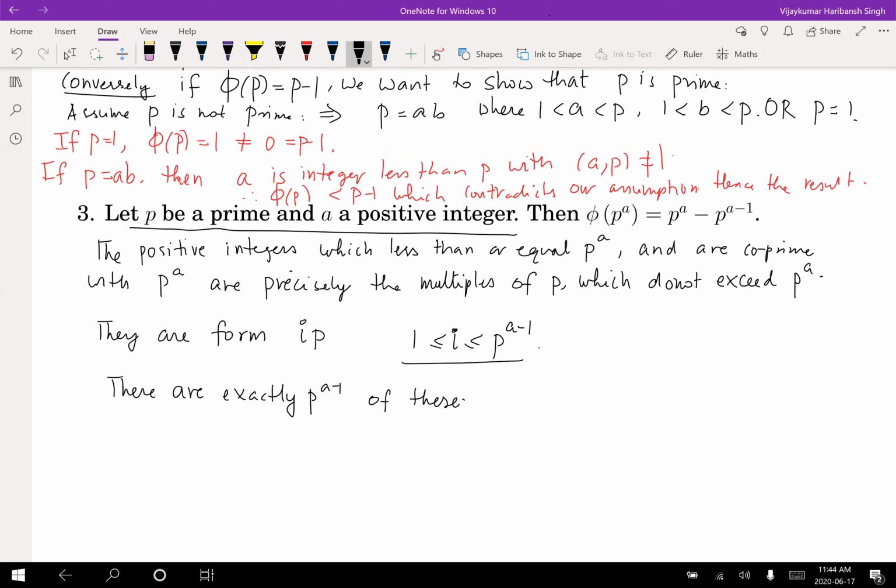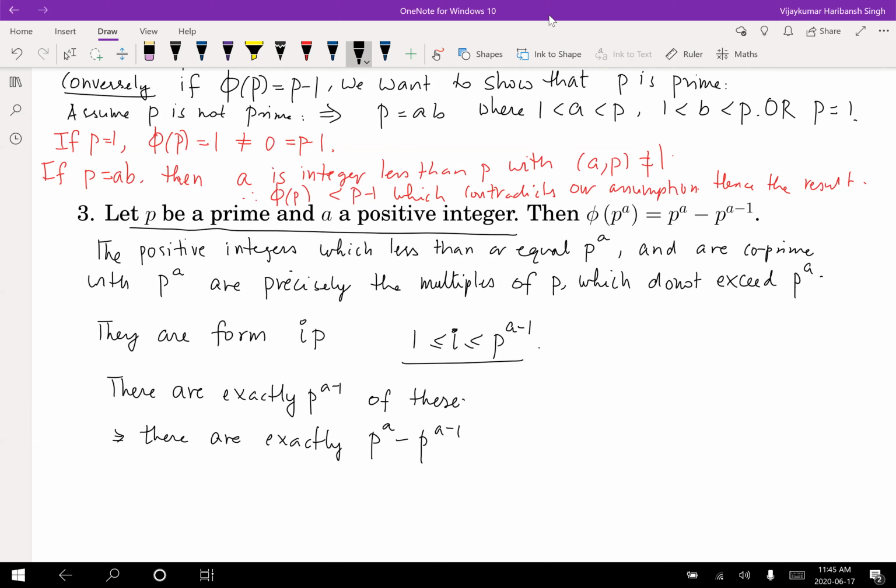So this means remove all of them. This implies there are exactly p to the power a integers, and then you remove the ones which are not coprime to p to the power a.